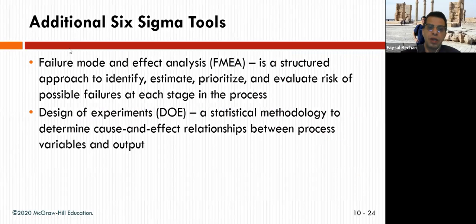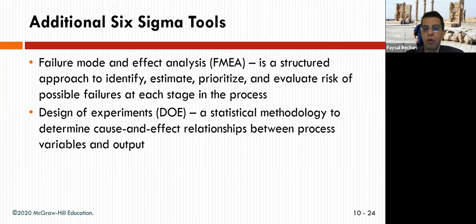There are additional Six Sigma tools, which is failure mode and effect analysis, a structured approach to identify, estimate, prioritize, and evaluate the possible failures at each stage in the process. Let me give you an example.